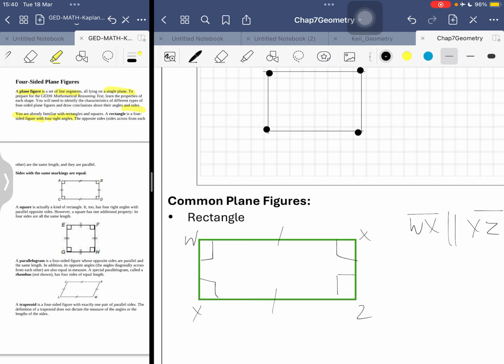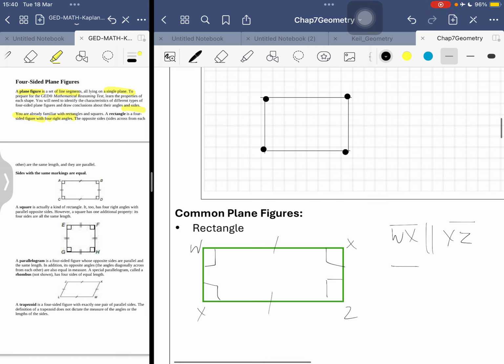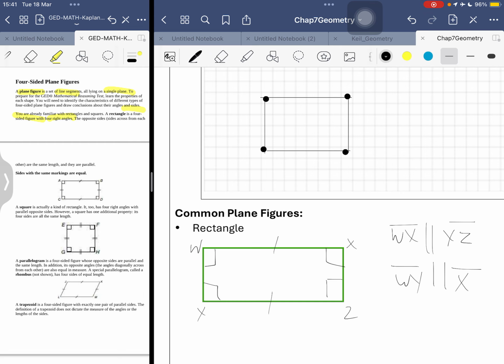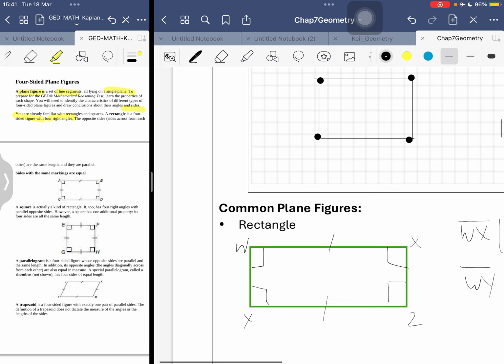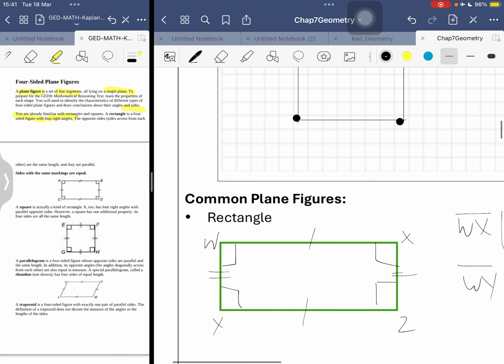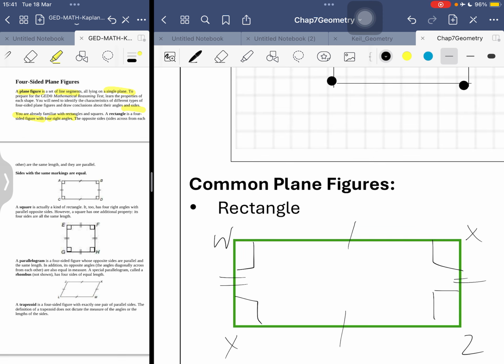That's why we can note it with this mark. Another line segment, WY, is also parallel to line segment XZ. So that is for the rectangle. If they have the same marking, it means they are equal. This is equal to this. And the degree on the four corners is always 90 degrees.